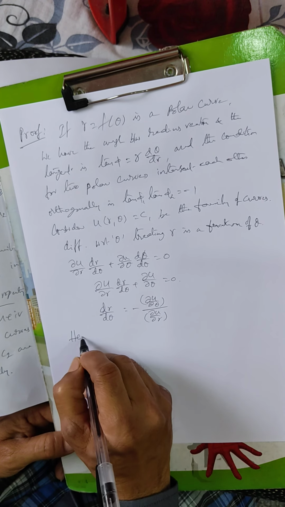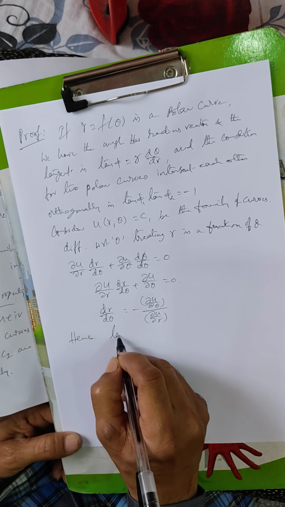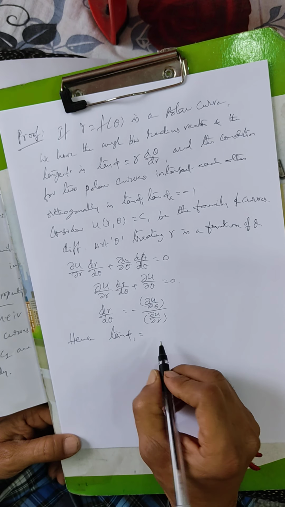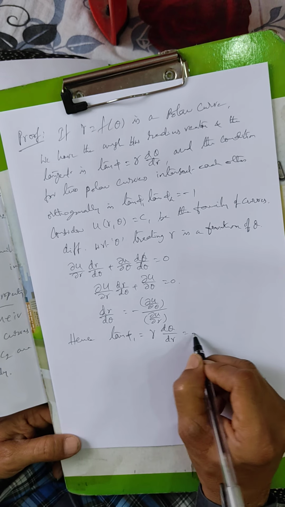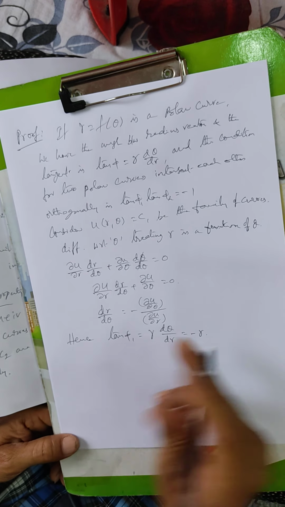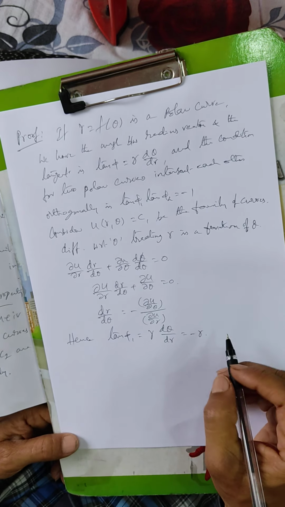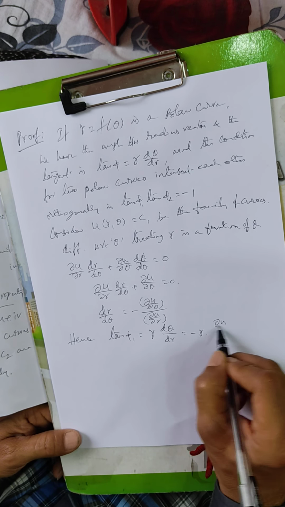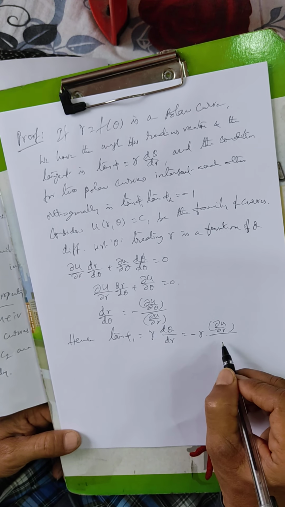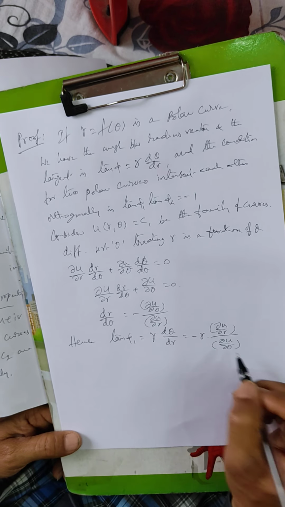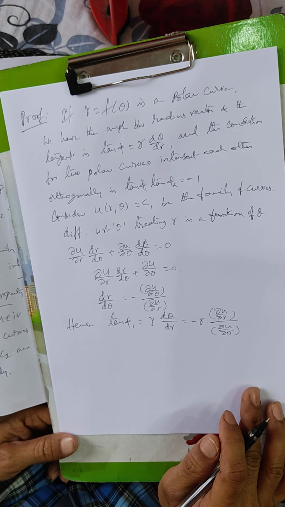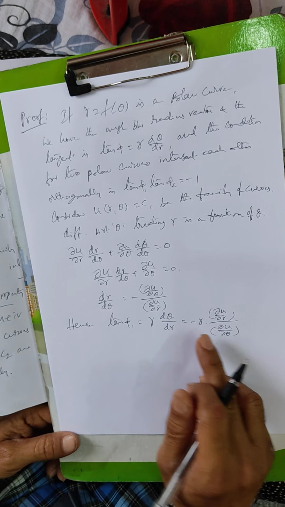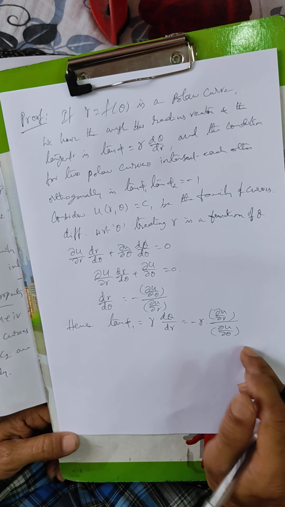So hence tan φ1 is equal to, what is the formula for tan φ1? r dθ/dr, that is r into the reciprocal of dr/dθ, that is tan φ1 = -r (∂u/∂r)/(∂u/∂θ).